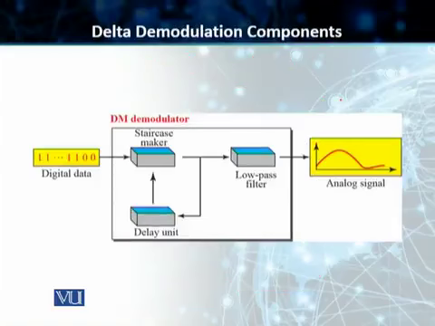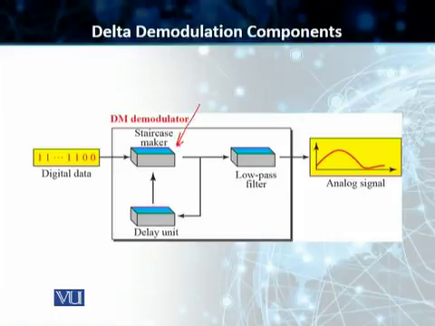Now, students, कुछ बात करेंगे about delta demodulation की. At the receiving end, we receive this stream of bits. I told you no code words in DM. Bits are sent one by one. So these bits are then received at the receiving end, and the demodulator, it takes this data and it uses the staircase maker again.